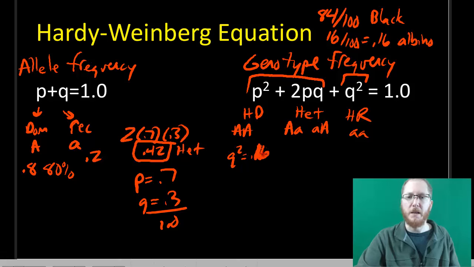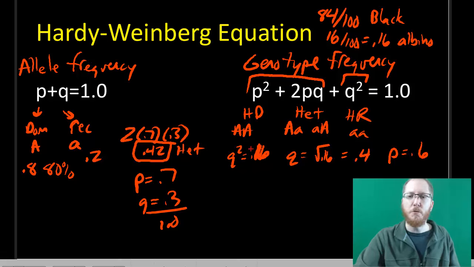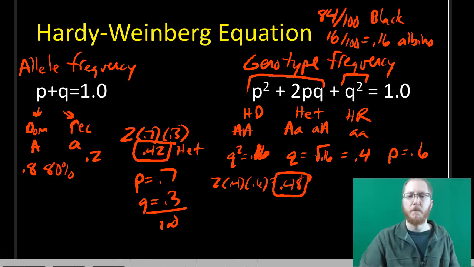Once I know Q squared is 0.16, Q must be the square root of that, which is 0.4. So now I know Q is 0.4. That means P must be 0.6. And if I need to solve for 2PQ, it's just 2 times 0.4 times 0.6. Crunch the numbers and you'll get 0.48 and we're done.